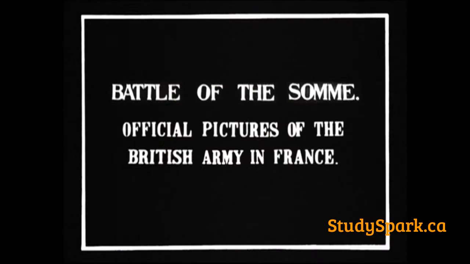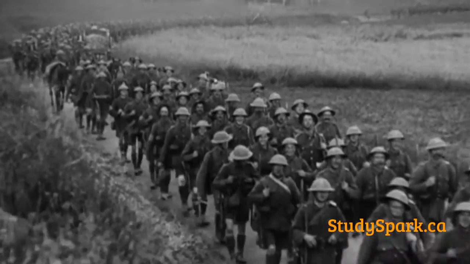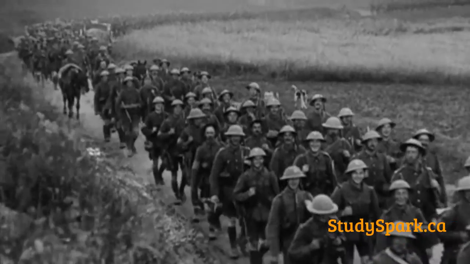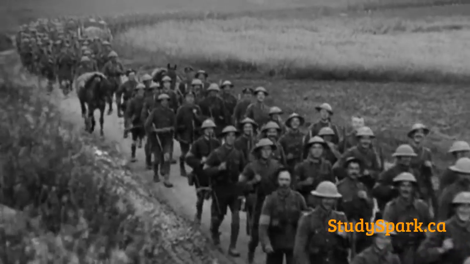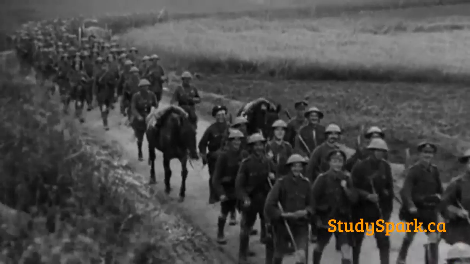The Battle of the Somme film made by Malins and McDowell in 1916 was an important film for British propaganda. It was the first film that really showed what war was like on the front lines, and for this reason it was hugely popular among British audiences.